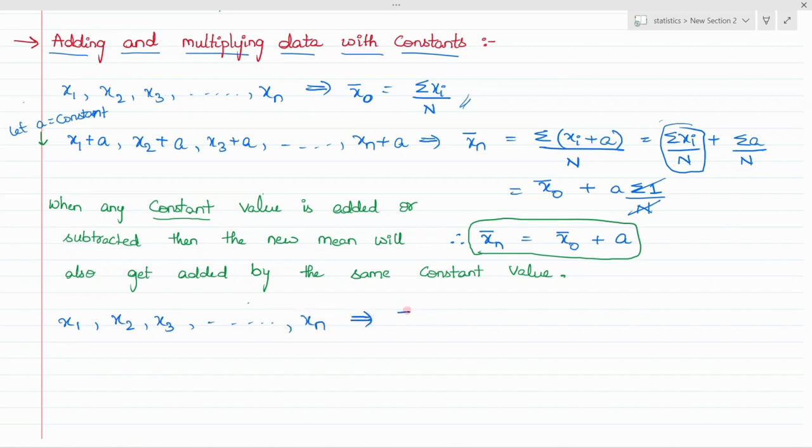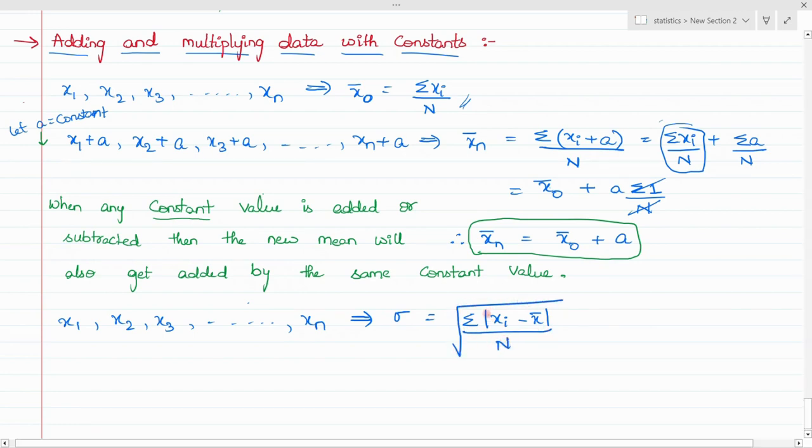For this, what will be the standard deviation? Sigma xi minus x bar upon n, under root. Sorry, this is the square, right? Yeah, this is the square.